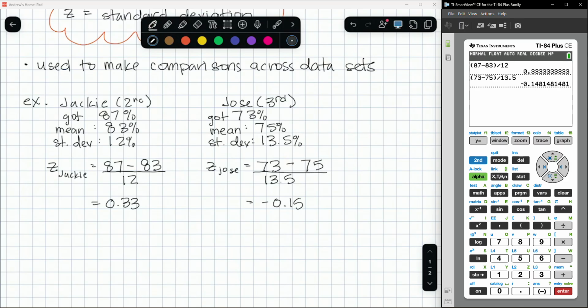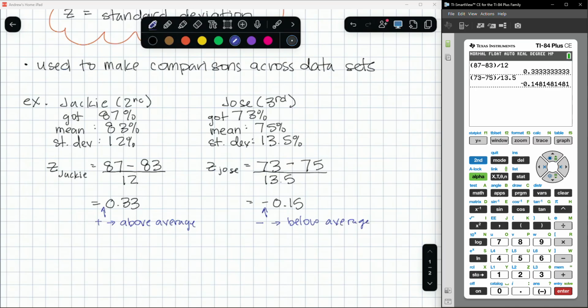So what does that tell us? So let's do the comparison. First, this one was positive, so the score was above the mean, above average, where Jose's score was negative because Jose scored below average on the test.